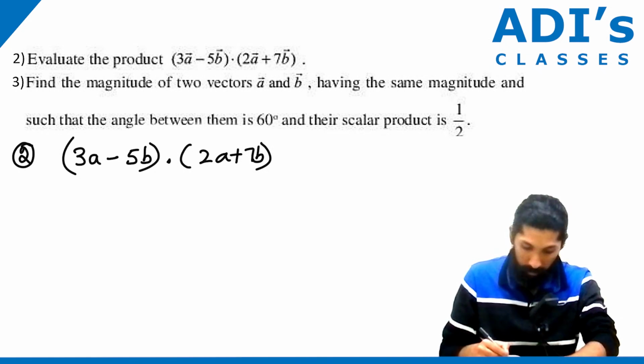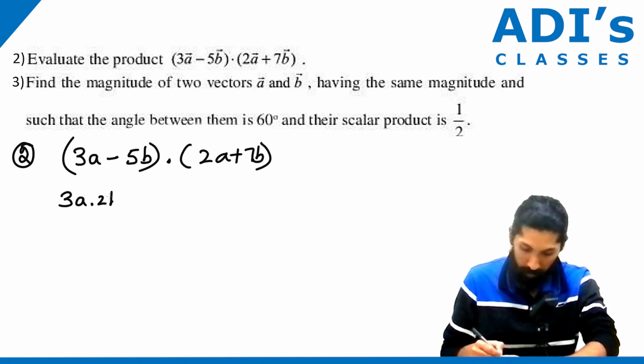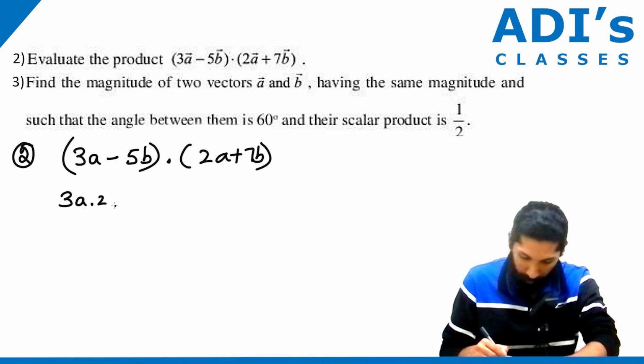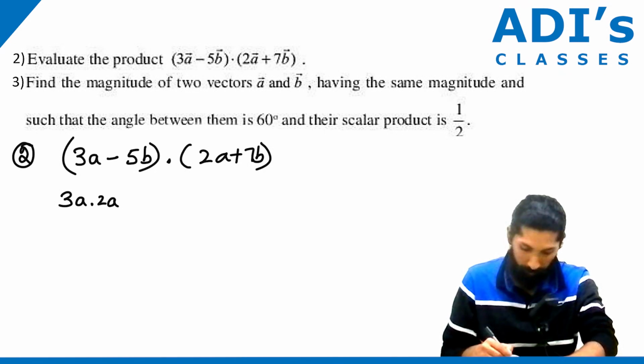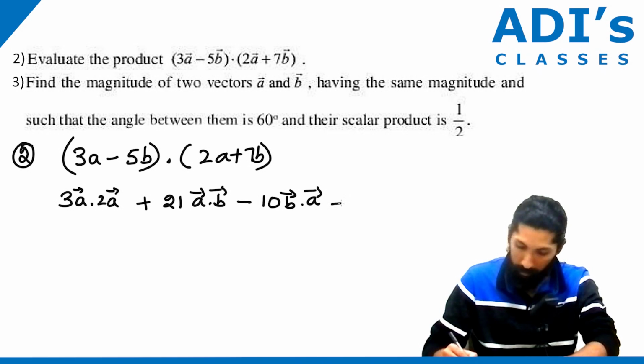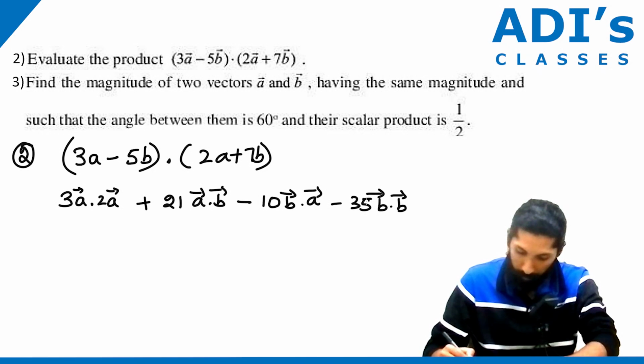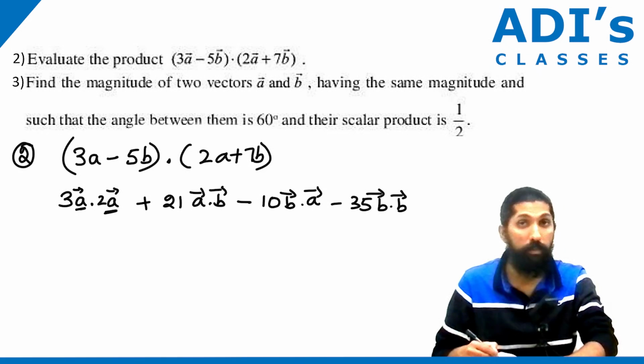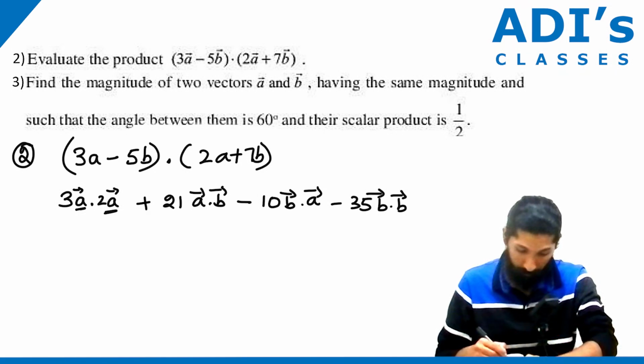When you do this, 3A dot 2A, this is the first one, 6 times vector A dot vector A, plus 21 into vector A dot vector B minus 10 into vector B dot vector A minus 35 into vector B dot vector B.